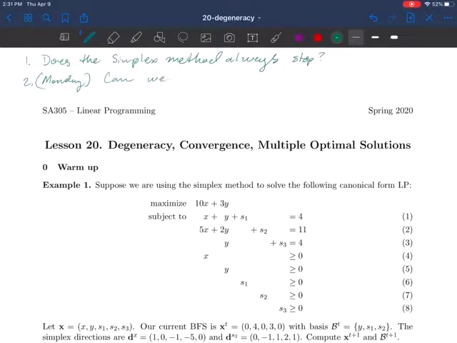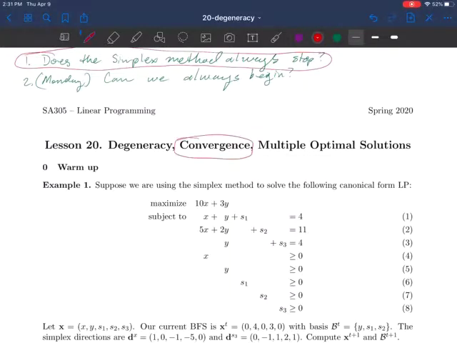And then the second question, which we'll talk about on Monday, can we always begin? In other words, can we always find an initial basic feasible solution? However, today we're going to focus on question one.